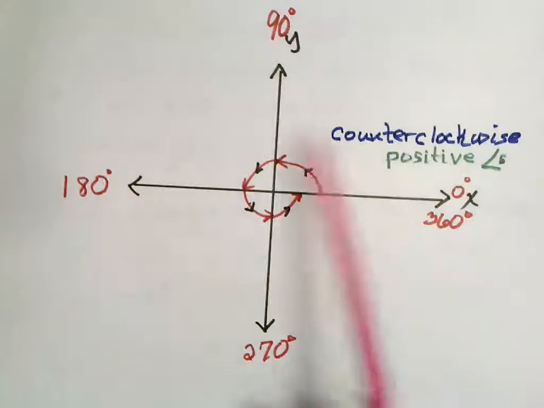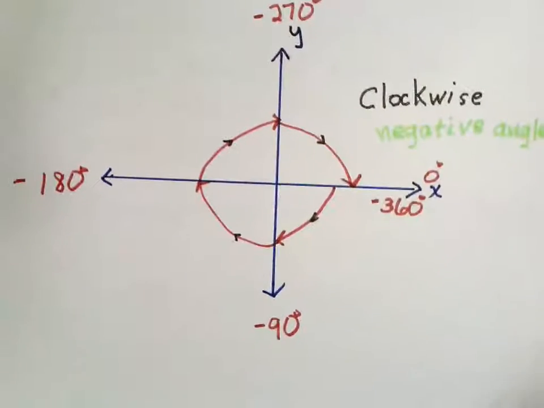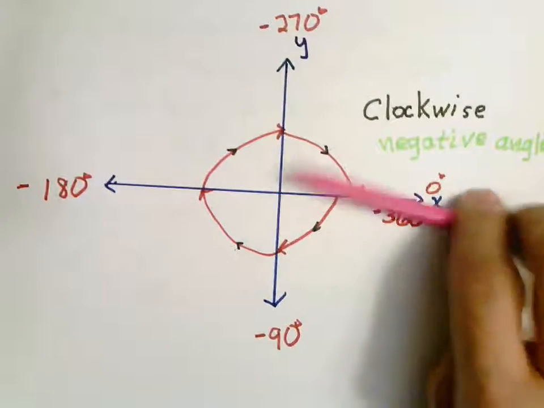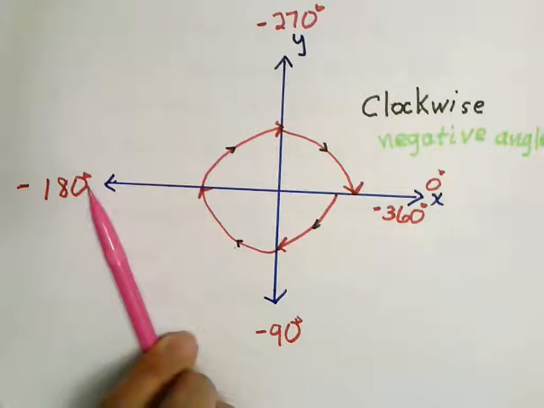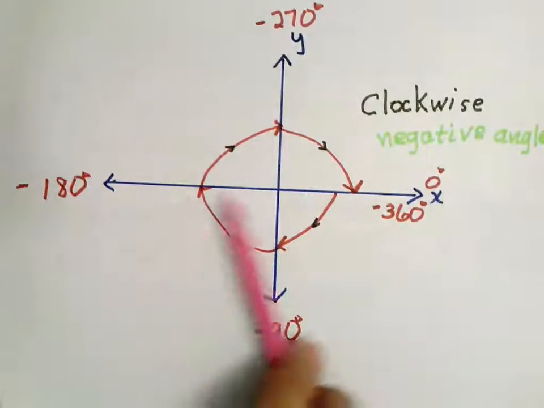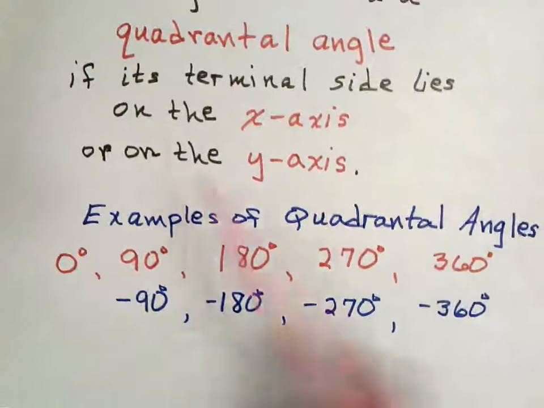These are examples of our quadrantal angles. And if we start on the positive x-axis and go clockwise, this is negative 90 degrees, negative 180 degrees. Again, these are examples of our quadrantal angles. They're called quadrantal angles.